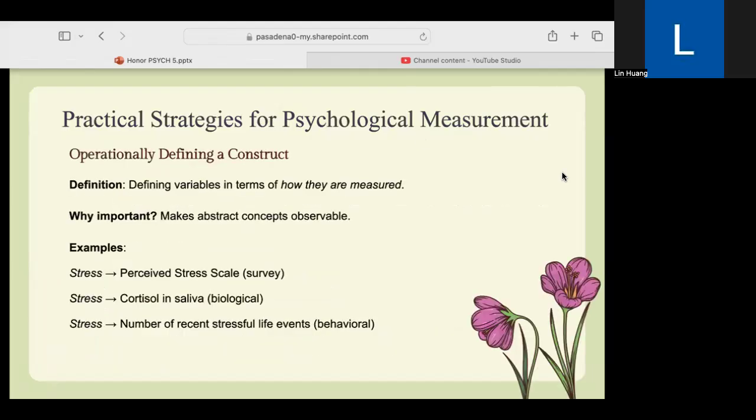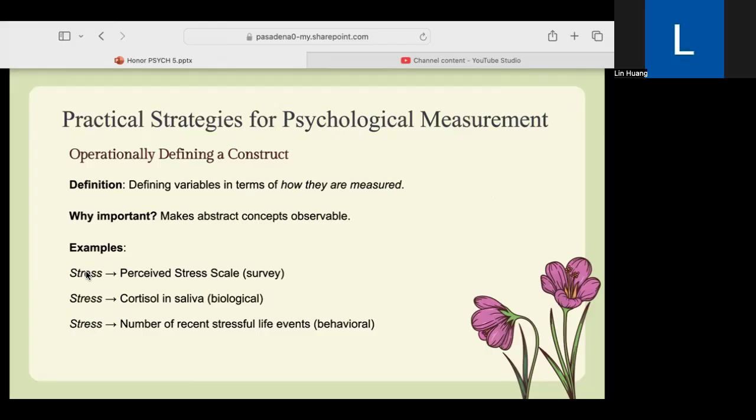The second step is operationally defining a construct. The operational definition defines variables in terms of how they are measured in your own study. It makes abstract concepts observable.